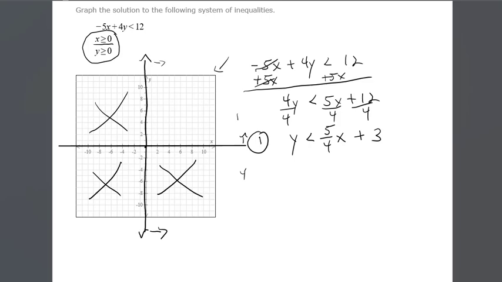So next, we'll graph y is less than 5/4 x plus 3. So we start by plotting our y-intercept, which is 3. Our slope is 5 over 4. So from our y-intercept, we go up 5 and over 4.